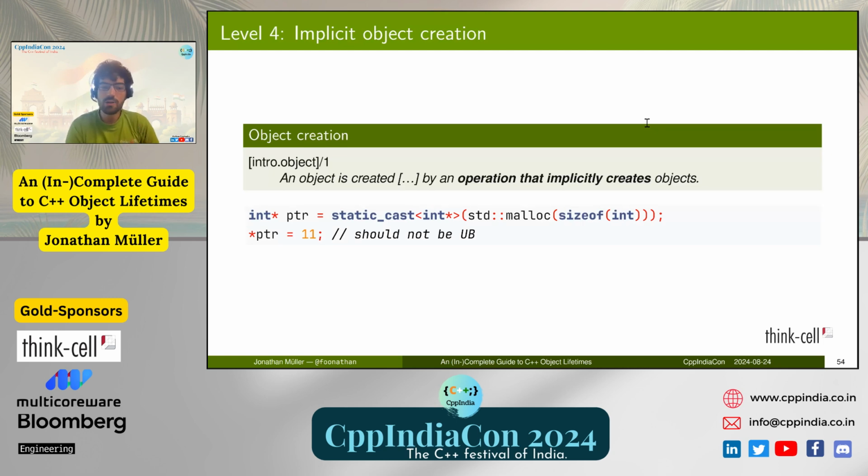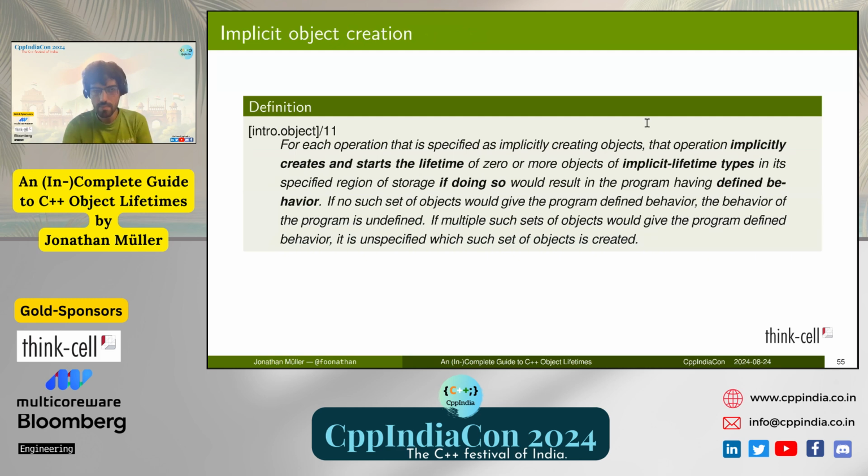And according to all the rules I've presented so far, the second line is undefined behavior, because at no point did we create an int. At no point did we start the lifetime of it. But this really shouldn't be undefined behavior, because then a whole bunch of C programs are undefined behavior. So what do? Well, in a very unique situation, some operations are specified as implicitly creating objects and starting their lifetime.